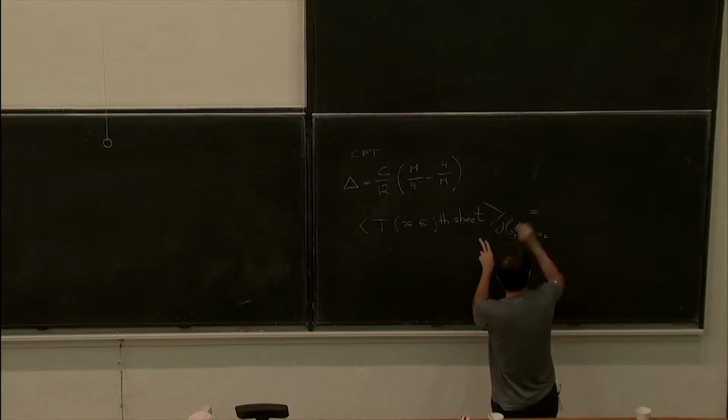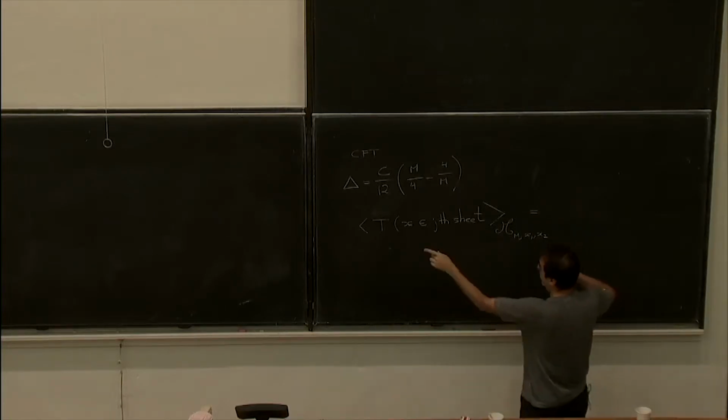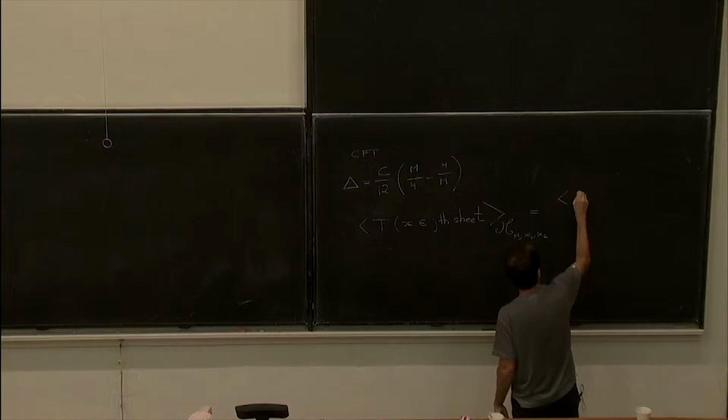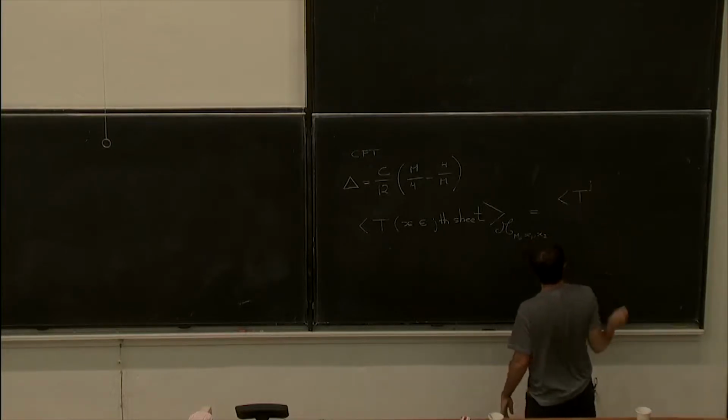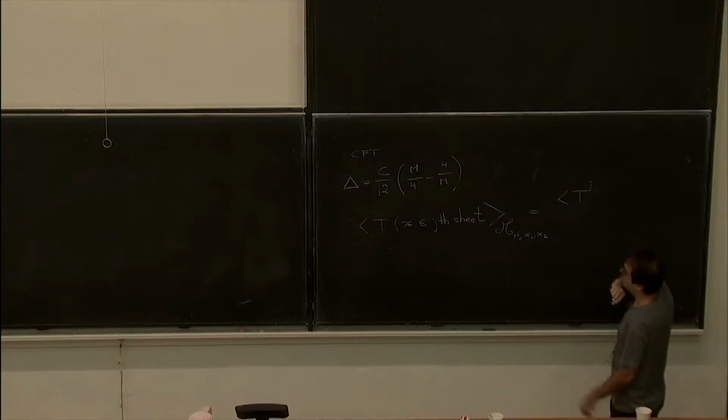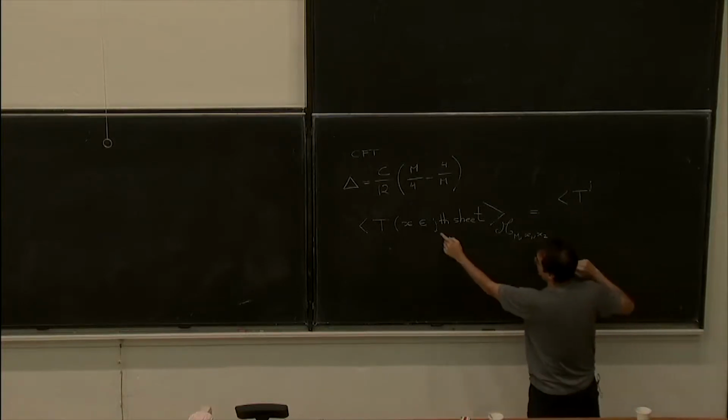So by definition, this is equal to what? Well, by what we just said, this is nothing but Tj, where Tj is T at the jth sheet.